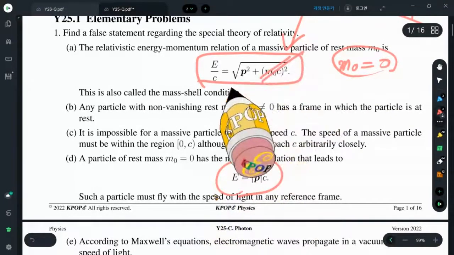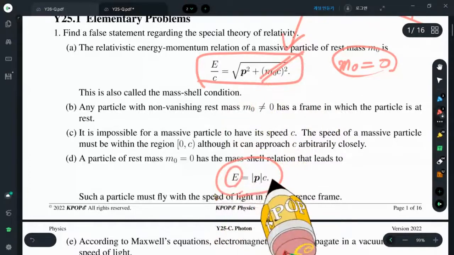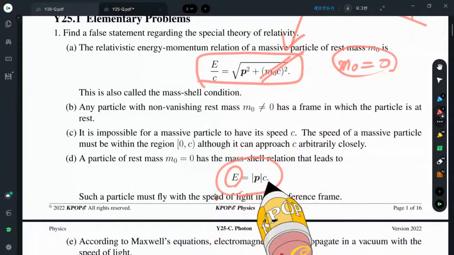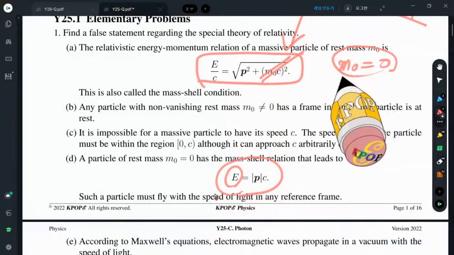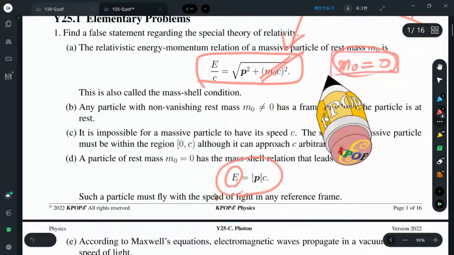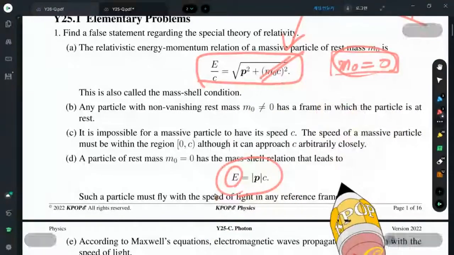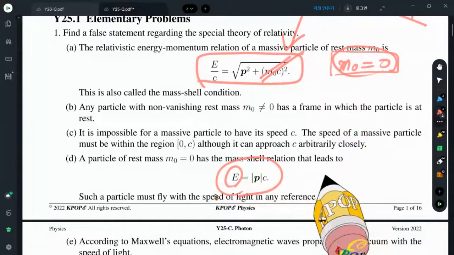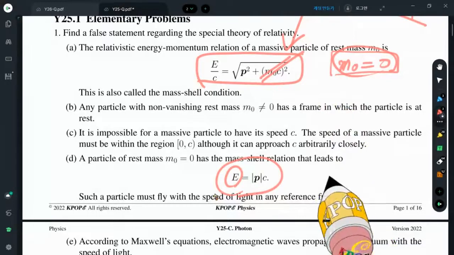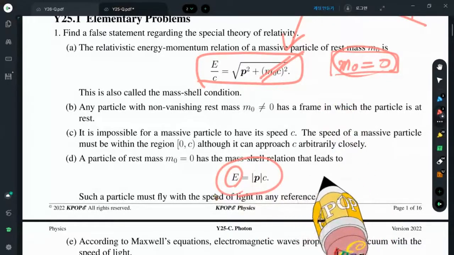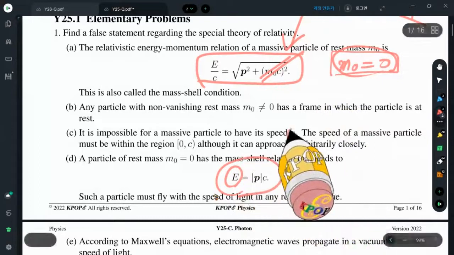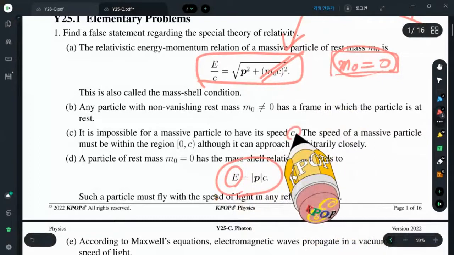This one disappears. Energy is momentum multiplied by the speed of light. The reason why we use this is that the photon is moving with the speed of light, always with the speed of light.